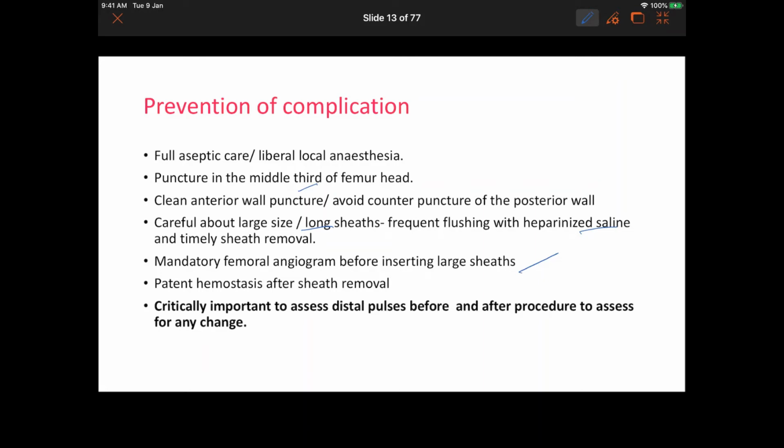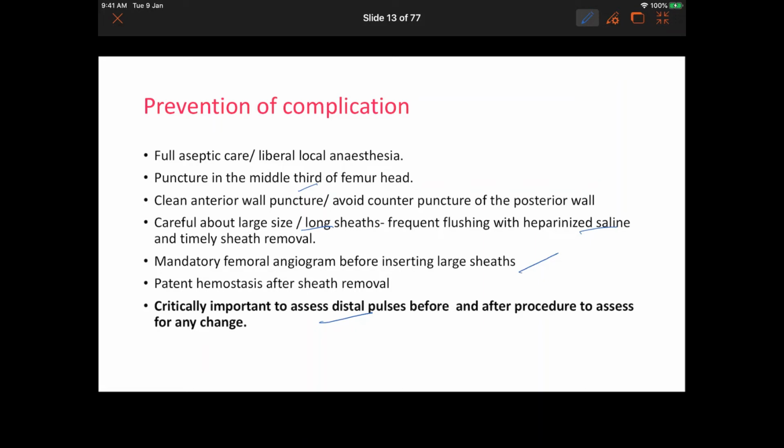One more thing is that before you start a procedure, it's a good habit to feel the distal pulses, because you have an end point to relate to. Suppose somebody has an absent dorsalis pedis or posterior tibial artery, even after the procedure it will remain like that. But suppose you have a bad puncture and you have to press there, and somebody comes up and says, I can't find the dorsalis pedis artery and posterior tibial artery. How are you going to relate?